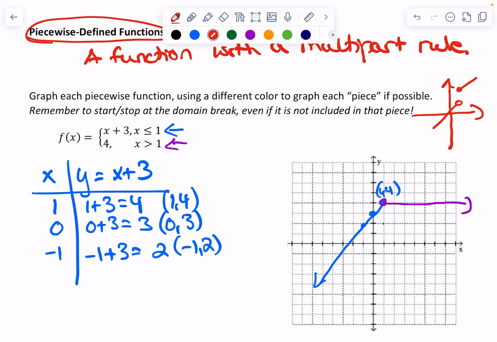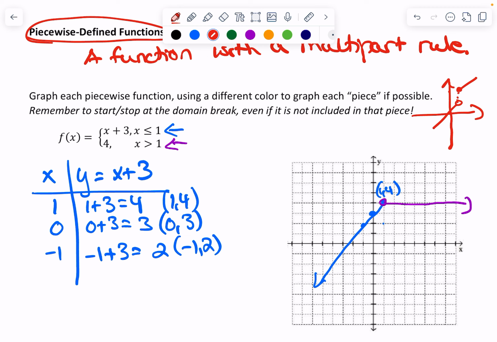So there might be a little bit of a difference between those points. And that's when it is even more important to do the circle or the closed dot to say, okay, this is included, this is not included.